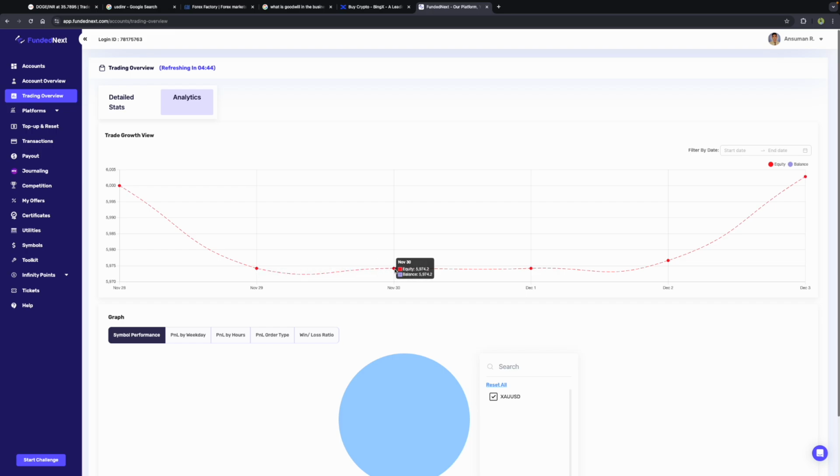November 30 and December 1 were Saturday and Sunday, so no trades; markets are closed. On Monday I opened. The first day was not good, still in plus but not much.